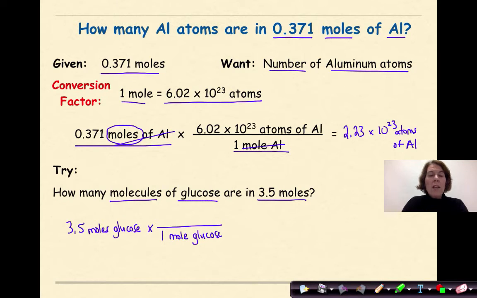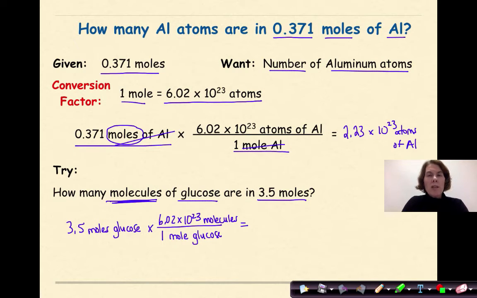And what we want here are molecules. So again, as soon as you hear molecules, atoms, ions, or formula units, you know that you're going to use Avogadro's number. So on the top, I'm going to put 6.02 times 10 to the 23rd molecules of glucose, and then I'm going to put my equal sign.